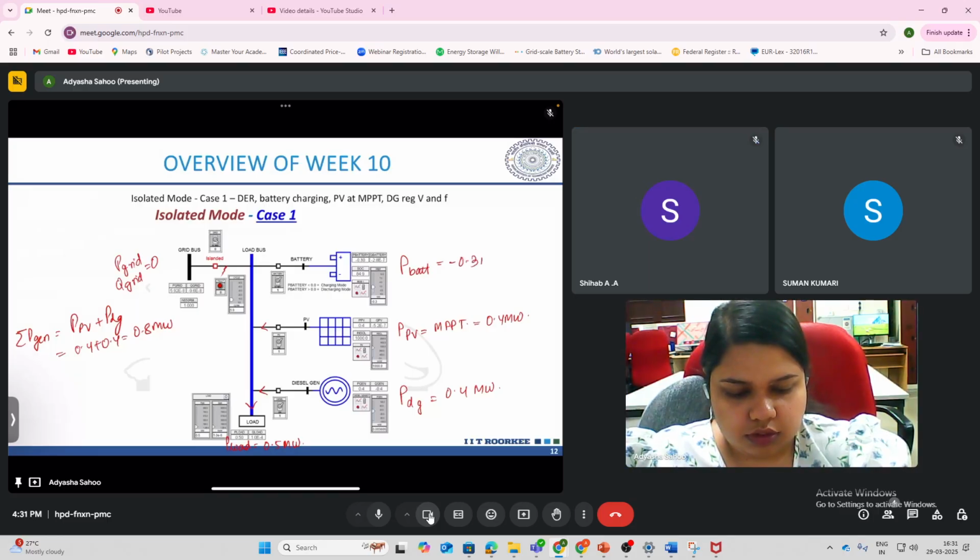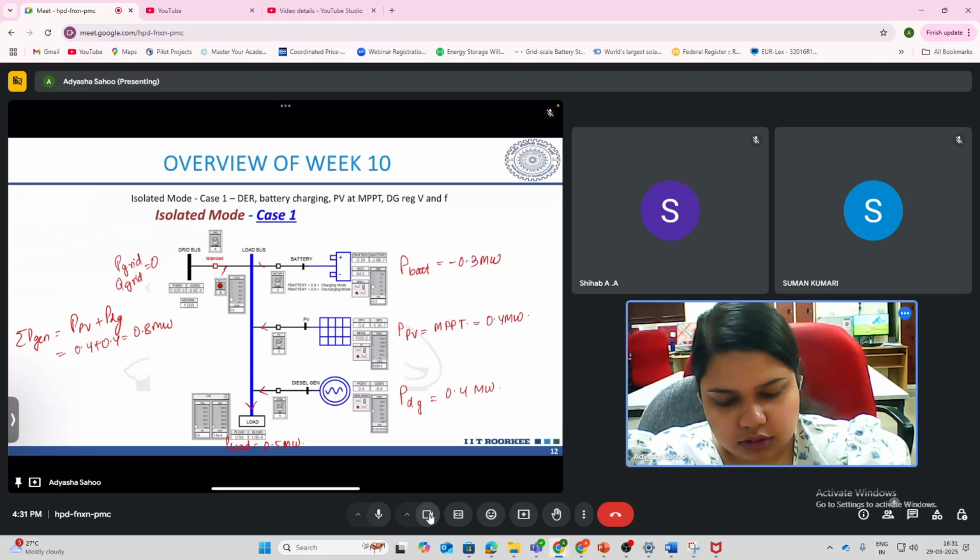Yes, it is minus 0.3, so basically it is charging.